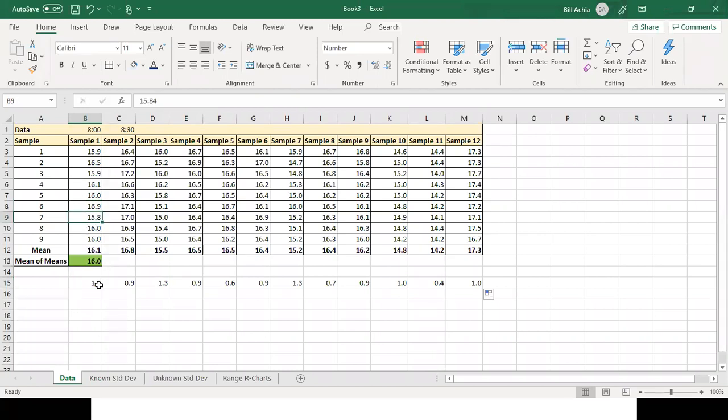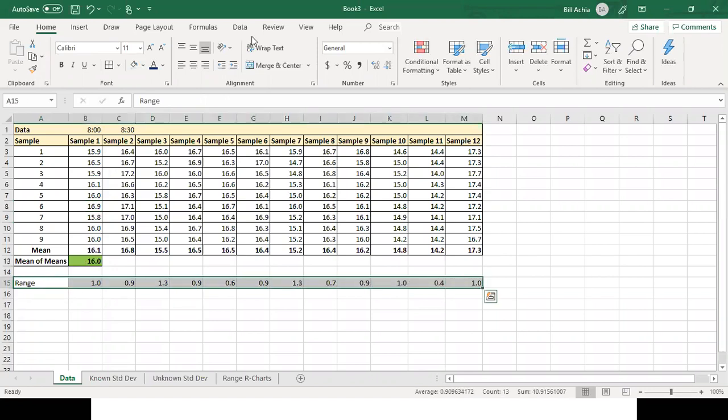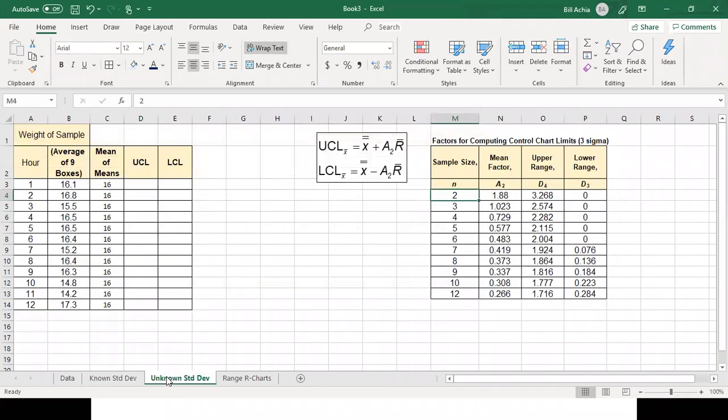The reason is that this rounds off certain numbers, so a 15.8 here may not be exactly that, and that's also 16.8. So it makes sense. This here provides our range, and these values for the range, the dispersion that we have in our data, are what we're going to use over here.